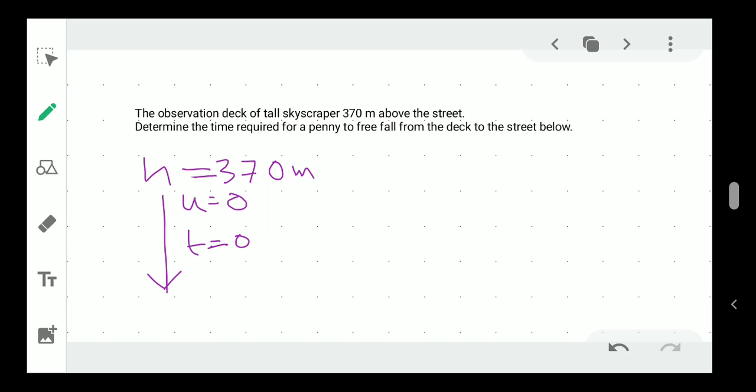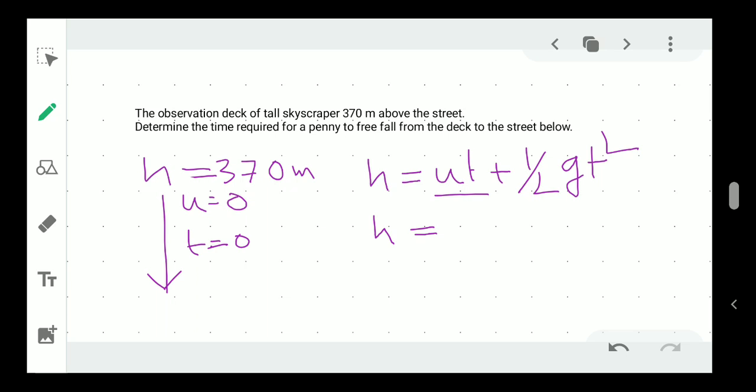So which formula do I have to use? Now let us use this: h equal to ut plus half at square. Why? Because now t I have to find, right? But my u is 0, so this term is gone. My h is known to me, so h equal to half gt square. So my t is equal to root over 2h by g.